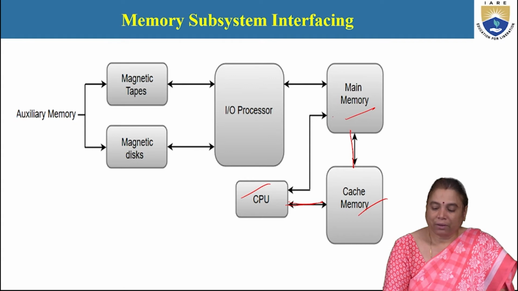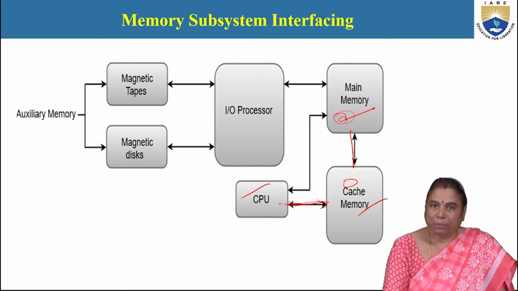The frequently required program and data from the main memory are brought and stored in the cache memory so that frequent accessing of main memory can be avoided. The CPU can use the information provided in the cache memory to increase the throughput of the computer.